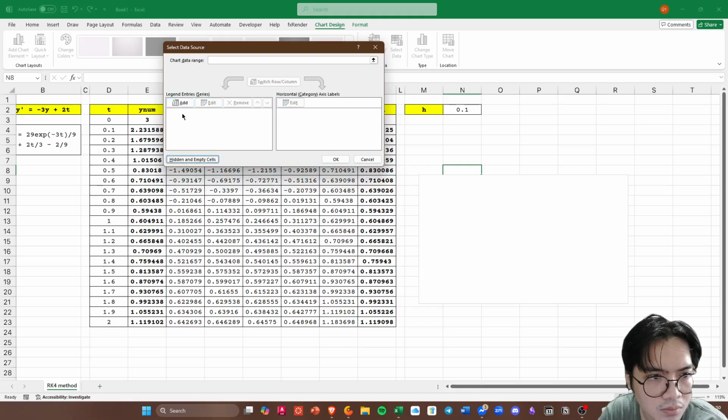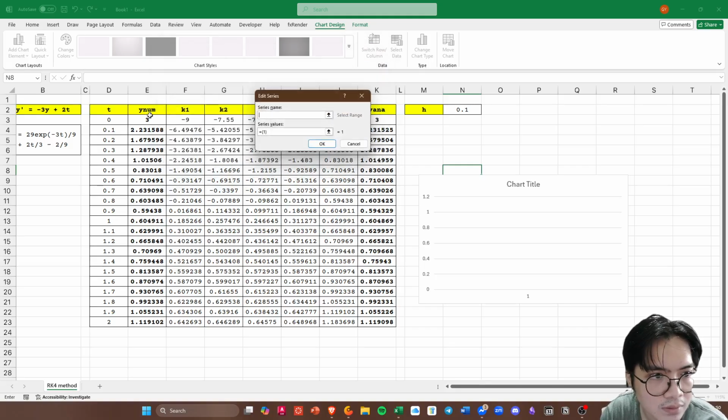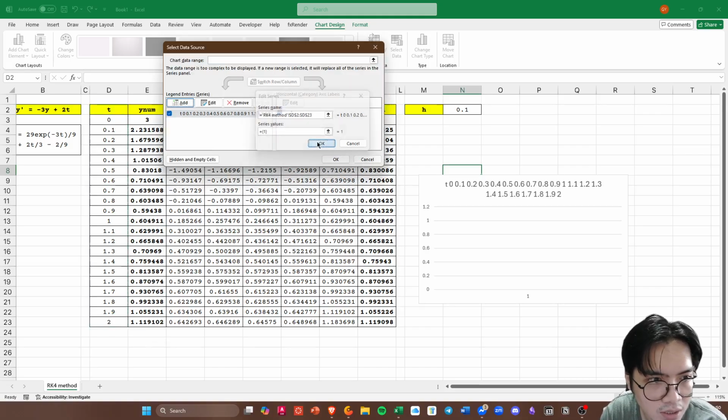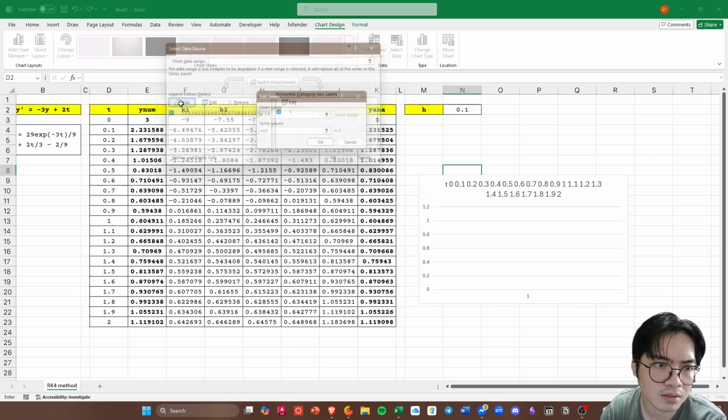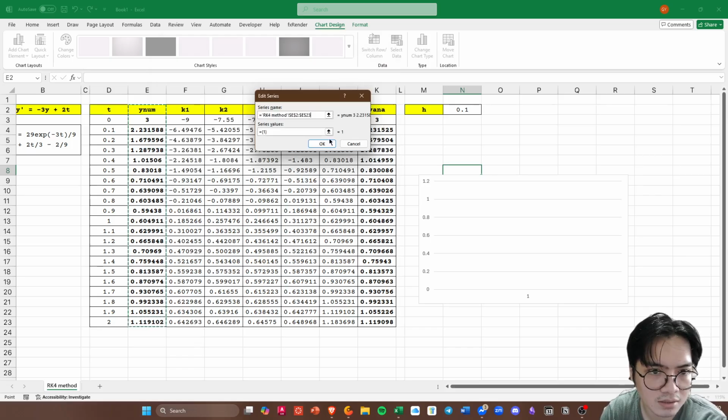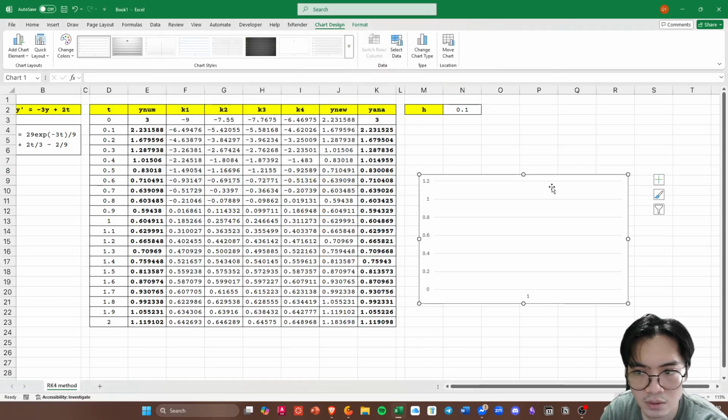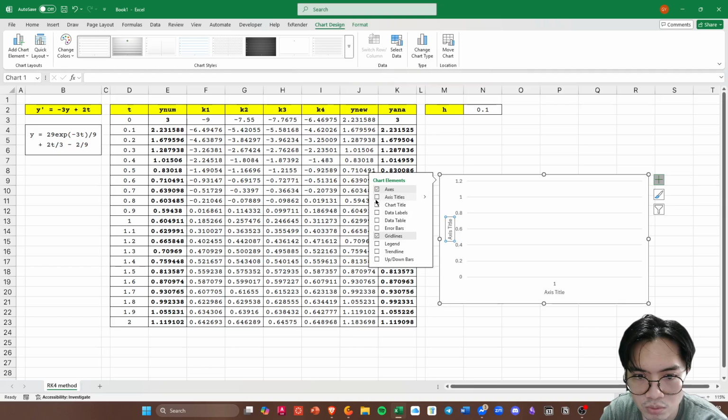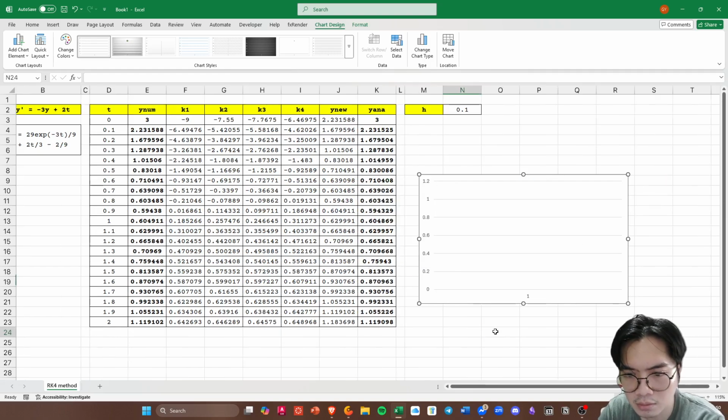Remove. What is this? Time? This one? Here. Axis labels. Let's just add these things. Add analytical here. So we have a table.